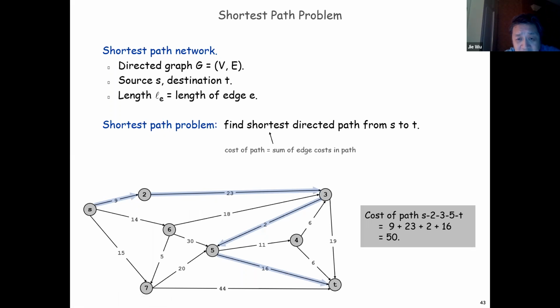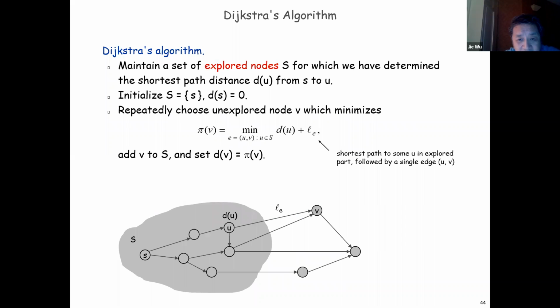In fact, the best way is that you have a concept of starting with S, then you grow. Again, without drawing it, it's very difficult. So the idea is that you explore nodes, and you maintain a set of explored nodes.